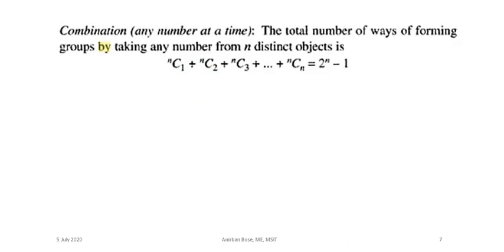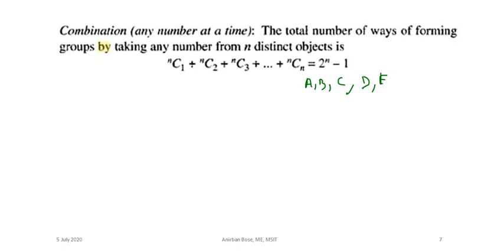Now come to this formula, the combination of any number at a time. The total number of ways of forming groups by taking any number of n distinct objects. What is the meaning of this? Suppose the question is again A, B, C, D and E, 5 persons are there and you have to form a group.